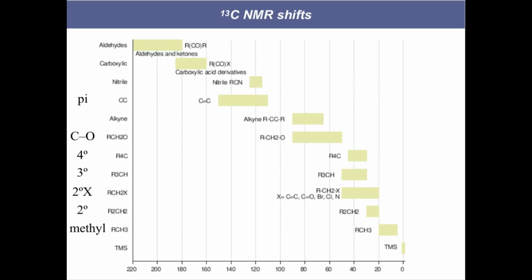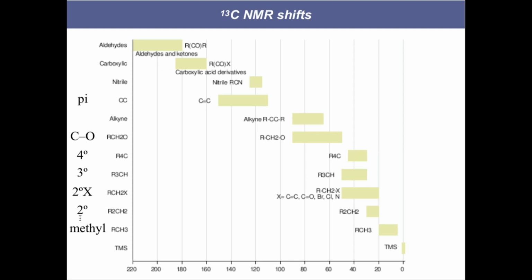If you want a visual description of these ranges, again, ranging from 0, where TMS is by default, all the way up to 200 and beyond, we go from primary to secondary to halogen to tertiary to quaternary to carbons bearing an oxygen to triple bonds to double bonds to nitriles to carboxylic acids and esters, and then to ketones and aldehydes.